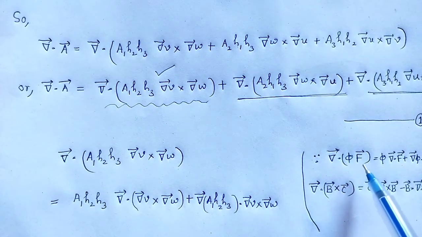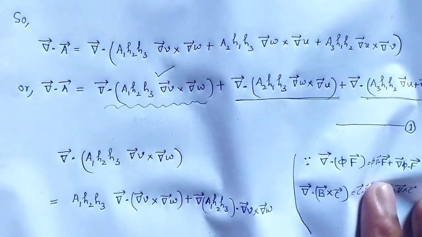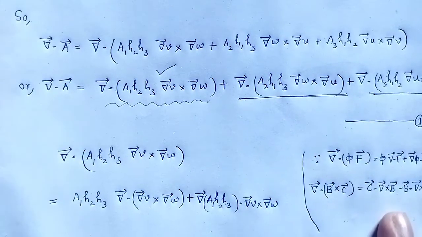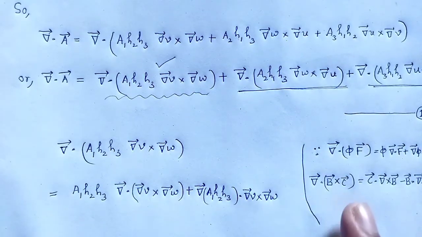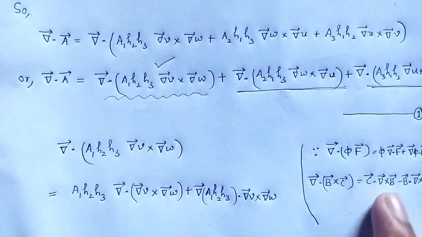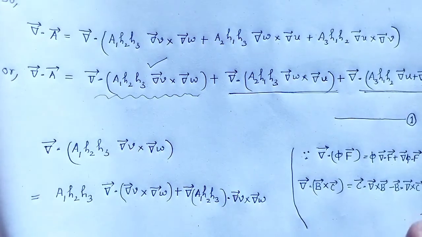Use the formula grad dot phi f, that is phi grad dot f plus grad phi dot f. We use this identity. Now you use the second identity, grad dot b cross c, that is c dot grad cross b minus b dot grad cross c.